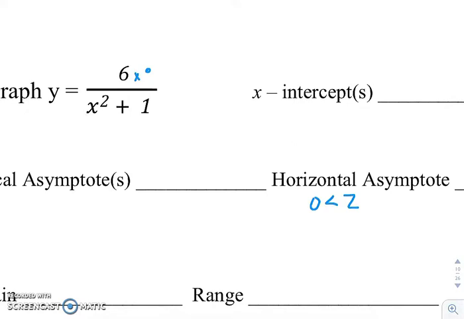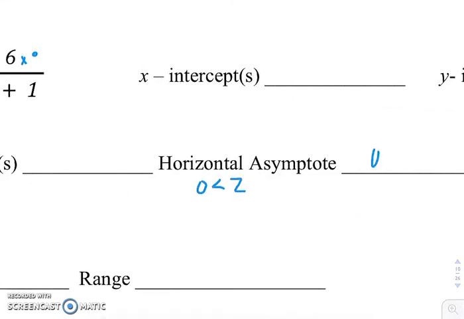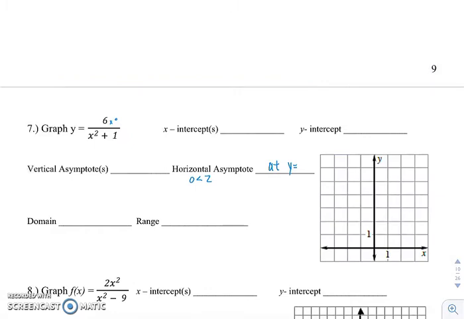And when that's the case, your horizontal asymptote is automatically at 0. And that's what our graph showed too. So at y equals 0, you can go ahead and draw that in. It did show our graph leveling off or approaching the x-axis when we put it in the calculator.